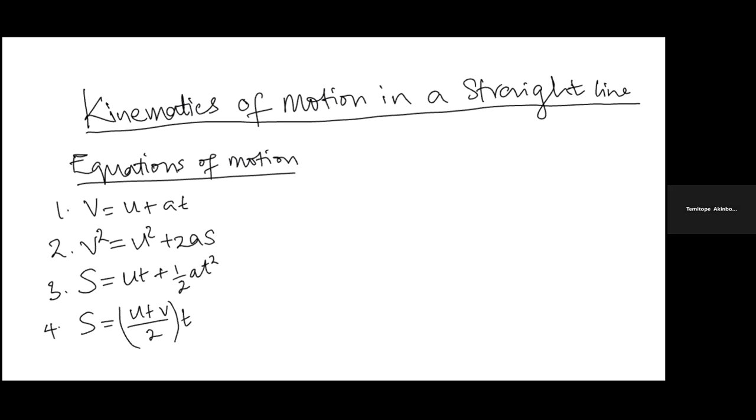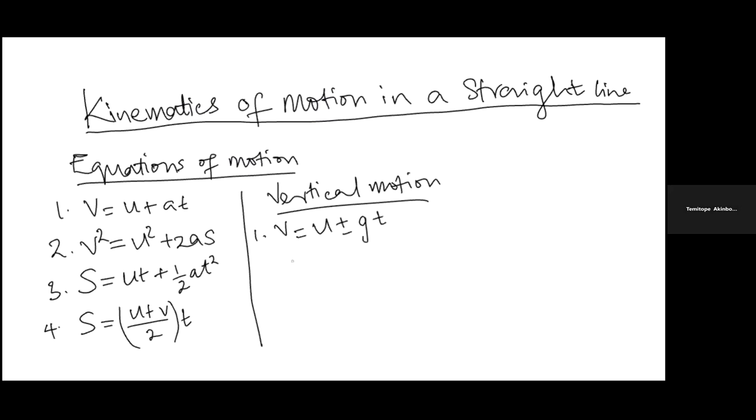Now, if you are looking at vertical equation of motion, you can still use these formulas. And on that note, A becomes G if you are looking at vertical motion. So the same formulas: number 1, V equals U plus or minus GT.